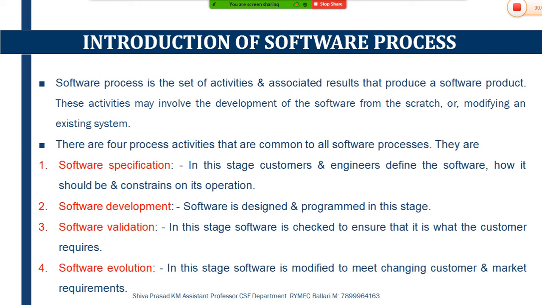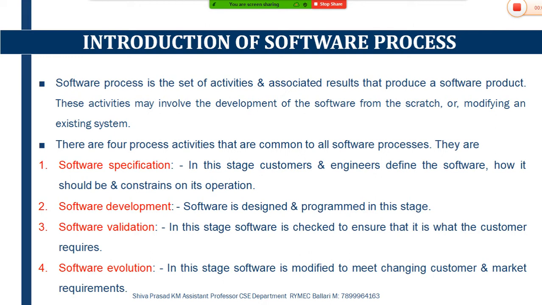Any product, if I want to develop any sort of product using a software engineering process, we need a set of fundamental activities. And each and every activity will be interrelated to each other. We can also say they are interdependent. The process of activity 1 is dependent on the customer's requirement.